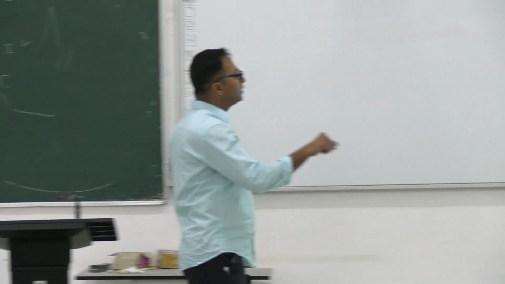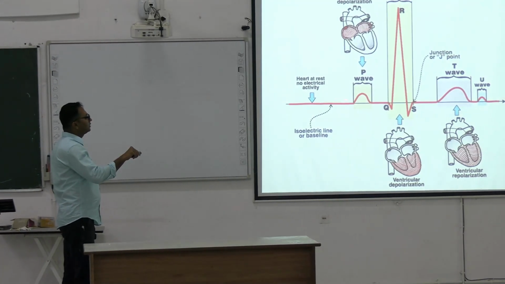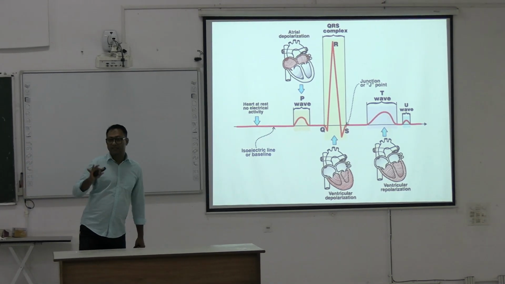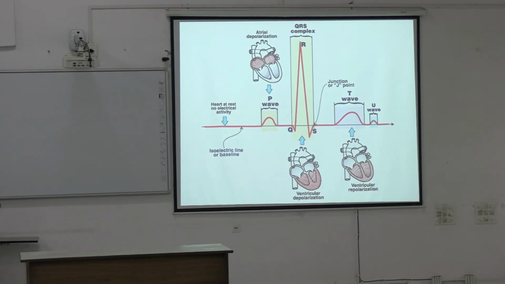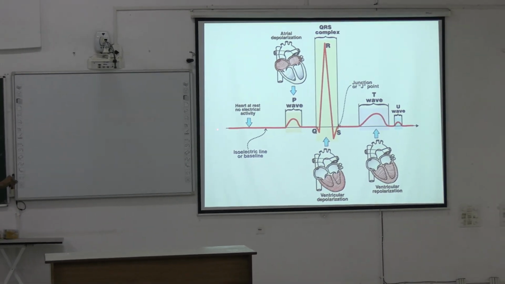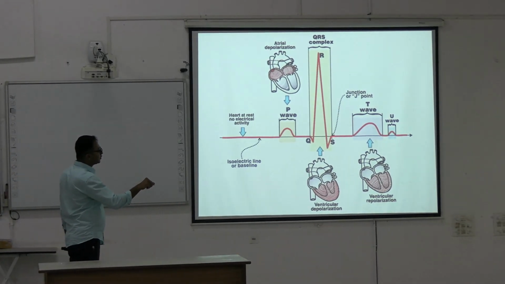And this is the isoelectric line or baseline. The isoelectric line or baseline means that there is no net flow of electricity during this time. So this is also an isoelectric line.